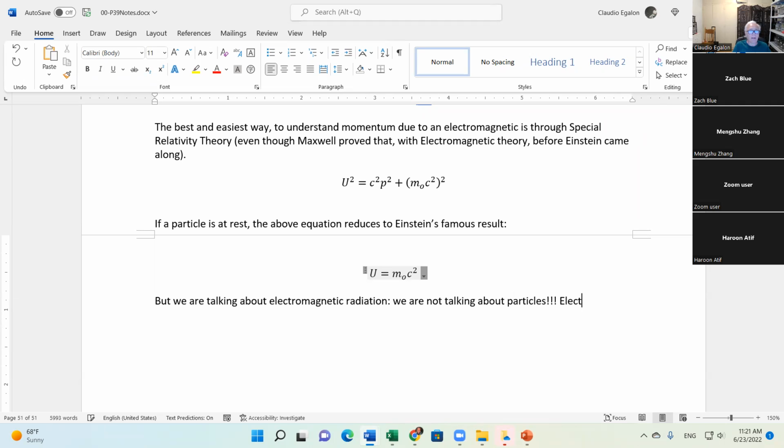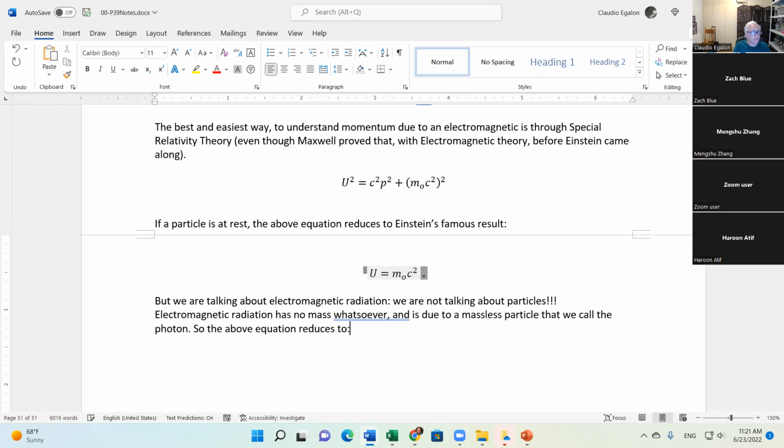Okay, electromagnetic radiation has no mass whatsoever. The electromagnetic radiation is due to a massless particle that we call the photon. So the above equation reduces to the other side of Einstein's result.